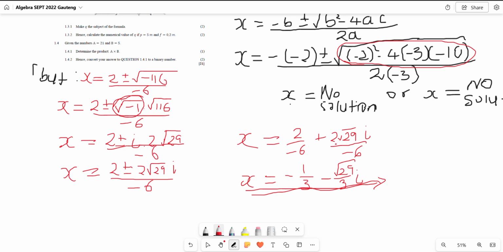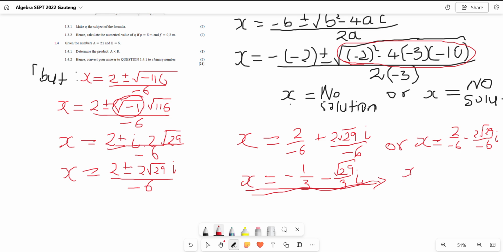Then since we had a plus here, we are going back to substitute a minus to say x is equal to 2 divided by negative 6 minus 2 square root of 29 i divided by negative 6.